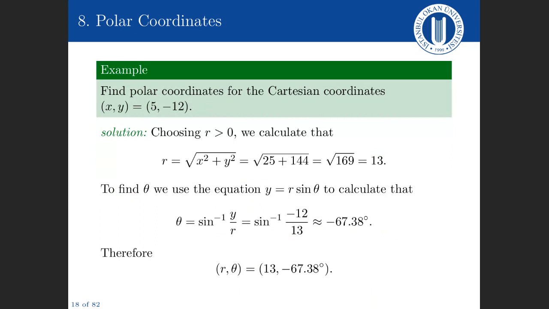We can go the other way as well. Find polar coordinates for the Cartesian coordinates x, y is 5, -12. This question doesn't say find all of the polar coordinates, it just says convert Cartesian coordinates. So you can choose which one to choose. Many correct answers.